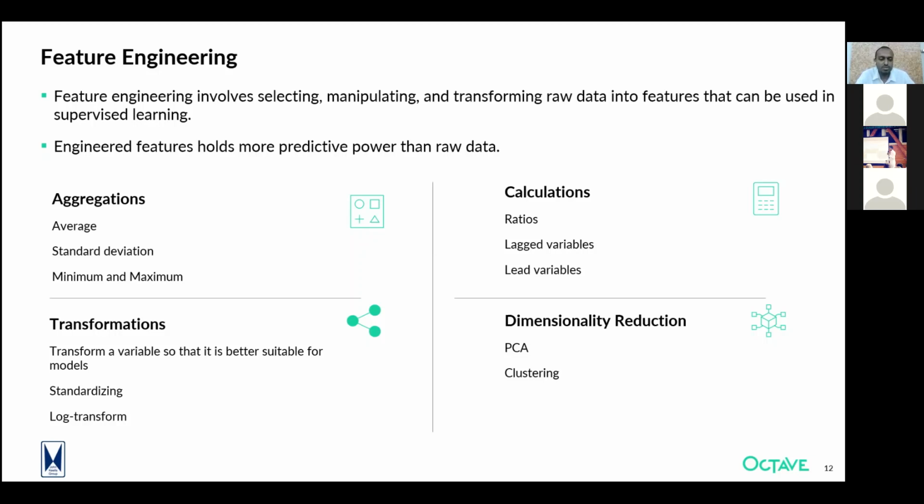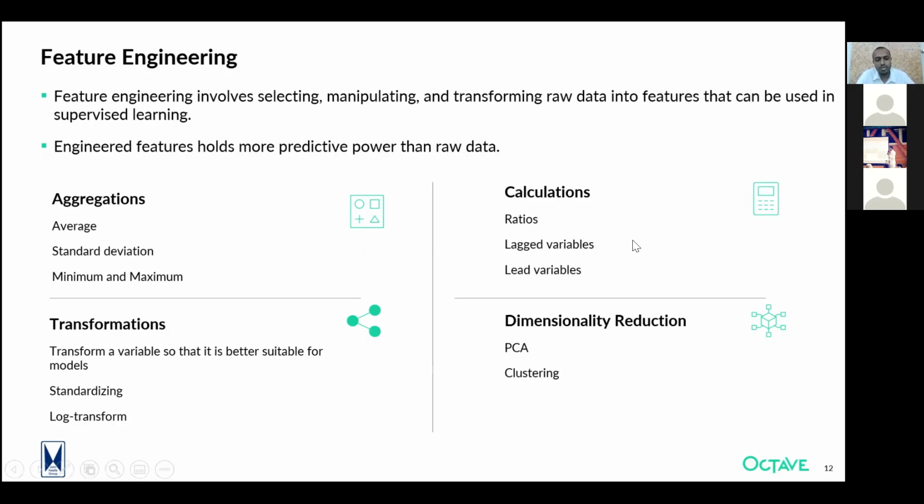And when it comes to transformations, this too is a common technique where we can standardize our variables, then do some log transformation so that we can increase the predictive power. We can also use certain dimension reduction techniques such as principal component analysis, which is commonly used.